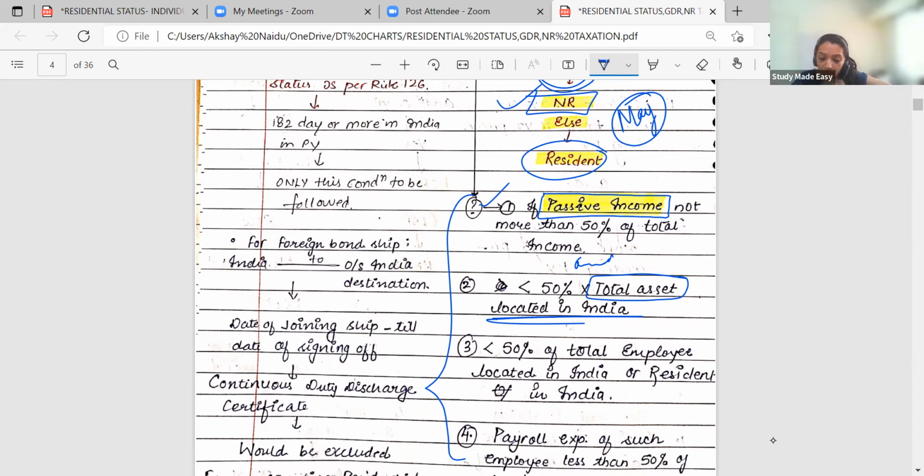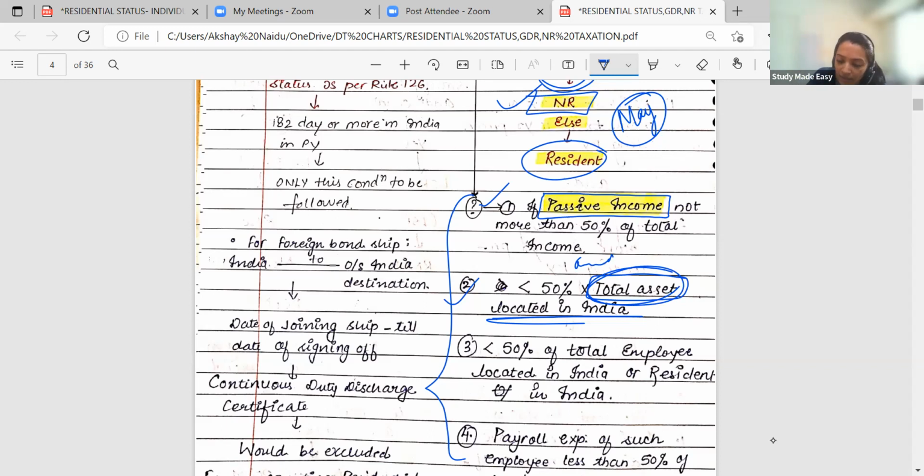If more than 50% of your total asset is located in India, that means you are having active business actually in India. Asset will be there only when there is business. Your asset will be located at the place you have the business. So when more than 50% of your overall total asset is situated in India, that means you are not having active business outside India.